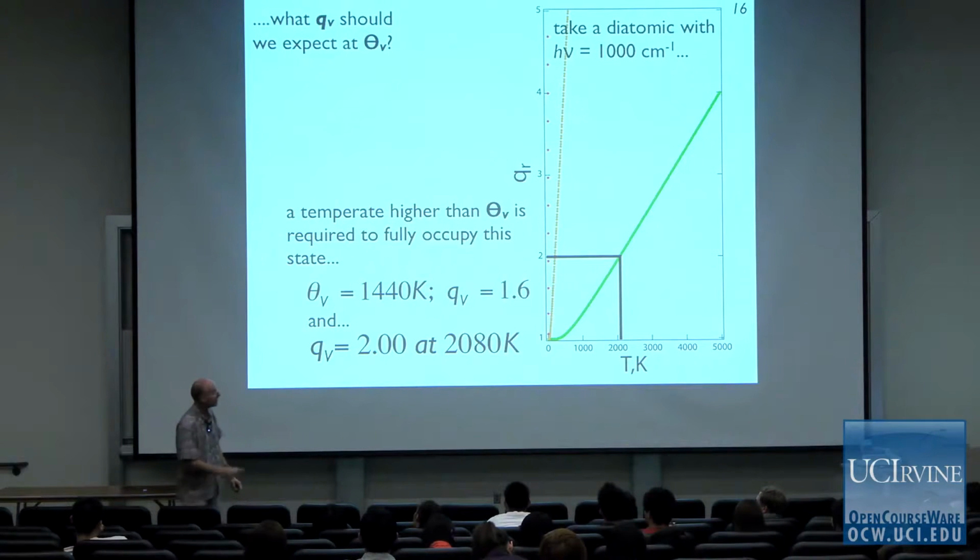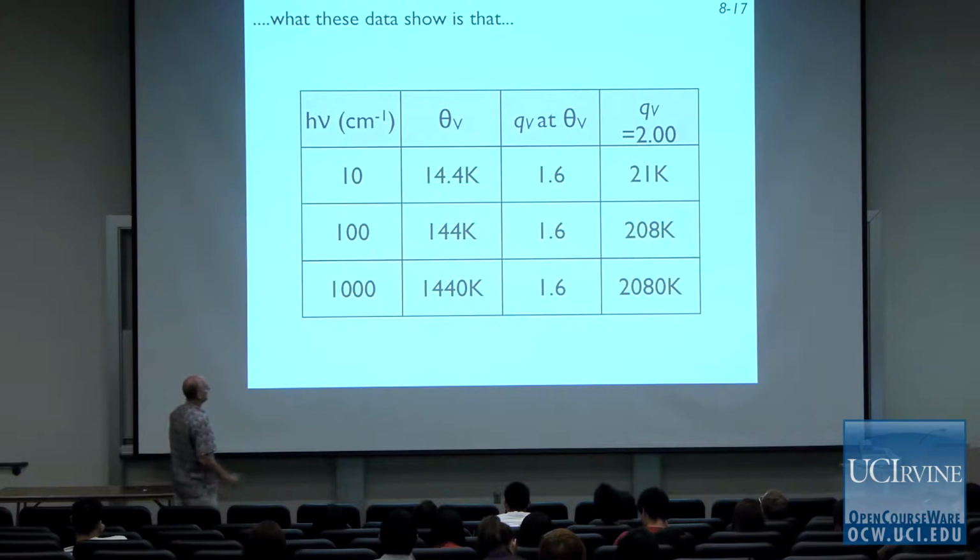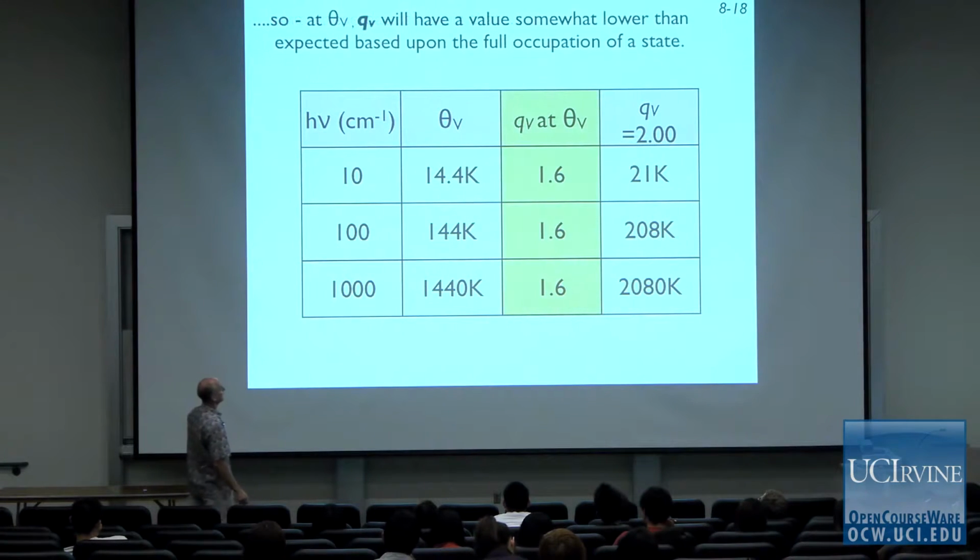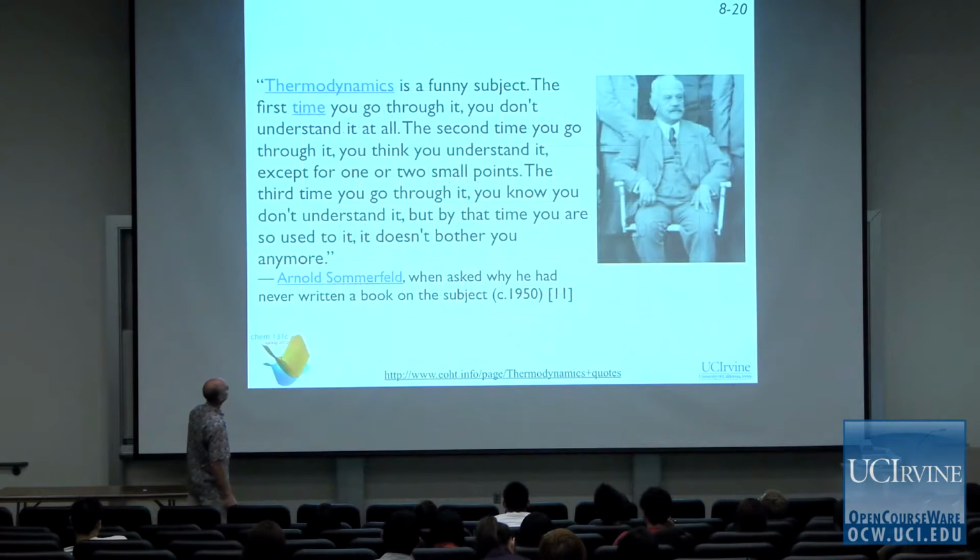Shouldn't the partition function be 2? Well, that's what my intuition tells me. But what I'm telling you is that's not the way it actually works. You have to go to a temperature higher than this characteristic vibrational temperature to get to that partition function of 2. That's all this shows right here.